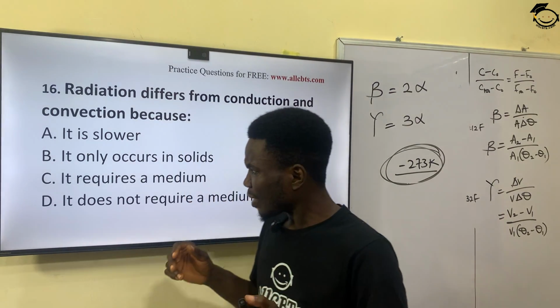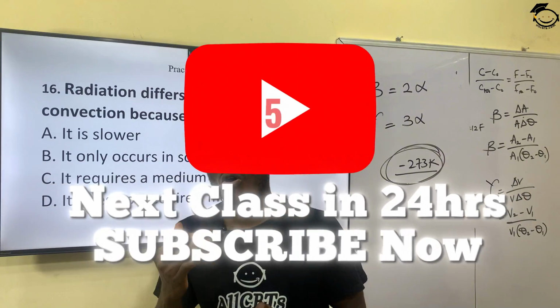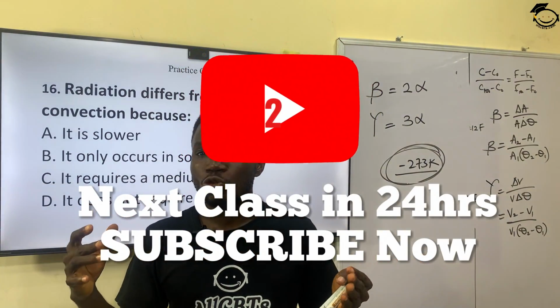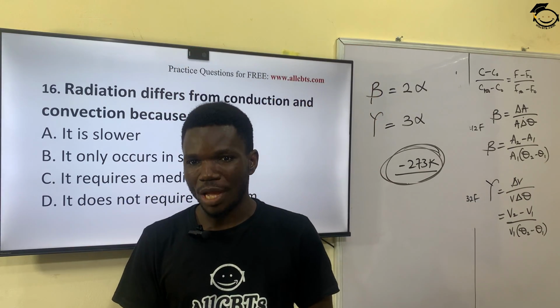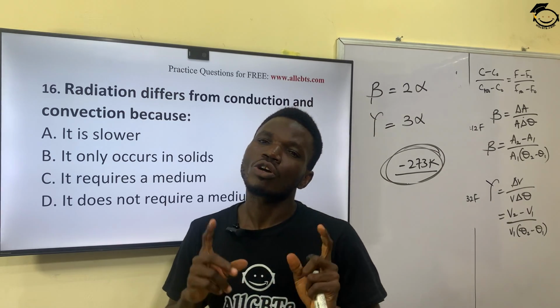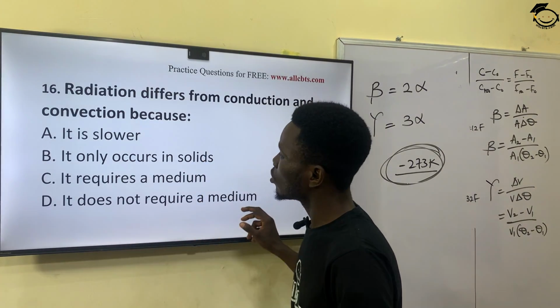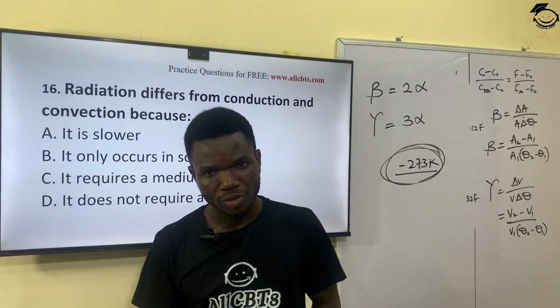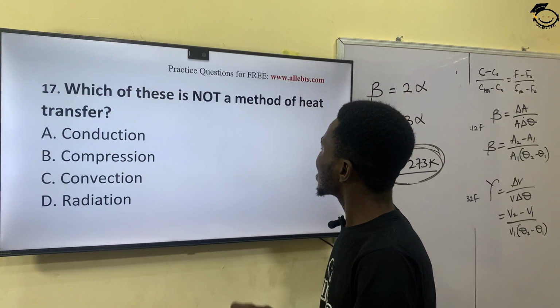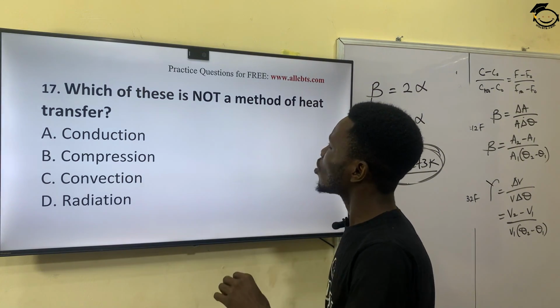But radiation occurs without any medium, as it is using electromagnetic waves. So the difference between radiation and the other two is that it does not require a medium, and that is option D.